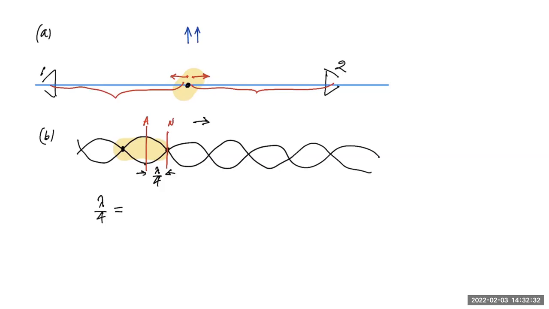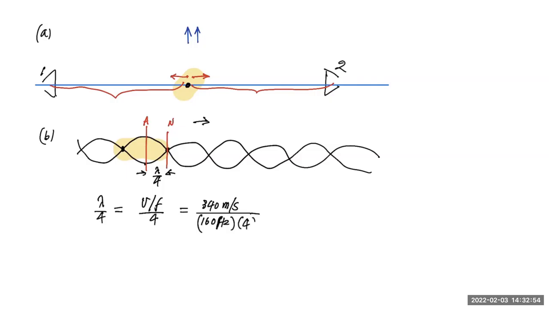So lambda is equal to v over f, divided by 4. And v is 340 meters per second divided by the frequency. The frequency is 160 hertz.